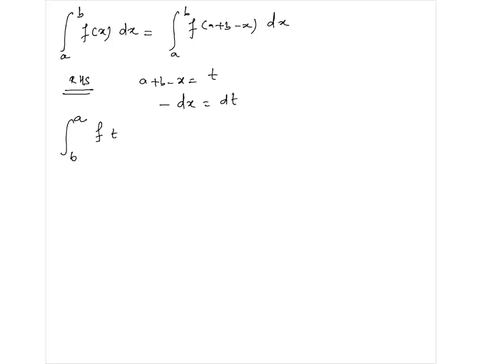F of t in place of dx, minus dt. So we have minus b to a ft dt. But then we know that minus reverses the limits. So we have a to b, ft dt.